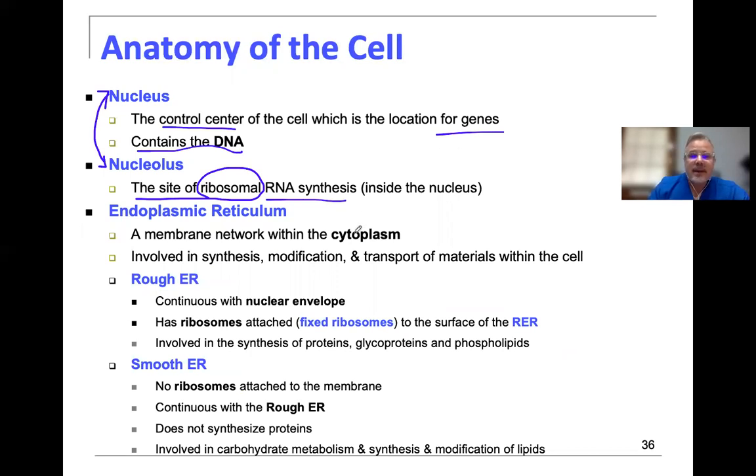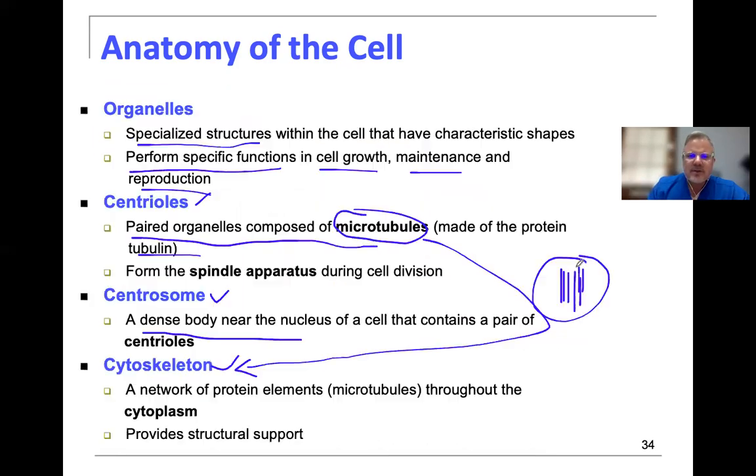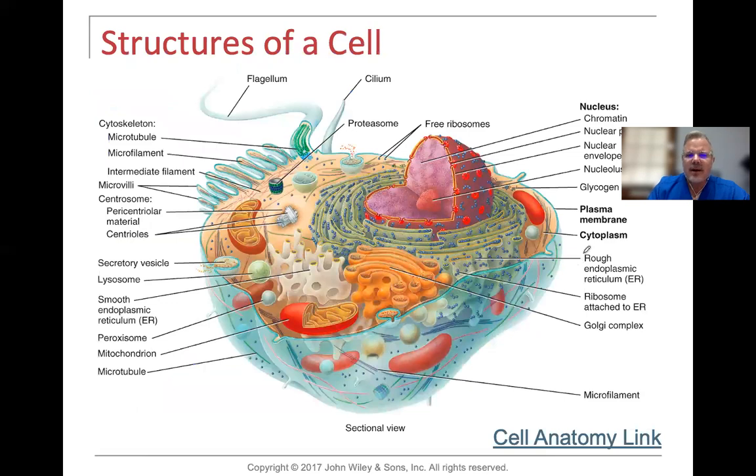The ER, the endoplasmic reticulum, is involved in the synthesis, the modification, and the transport of materials within the cell, and it's continuous with the nucleus. So if we go back here and we look at the nucleus, you can see here it goes from pinkish reddish to orange.